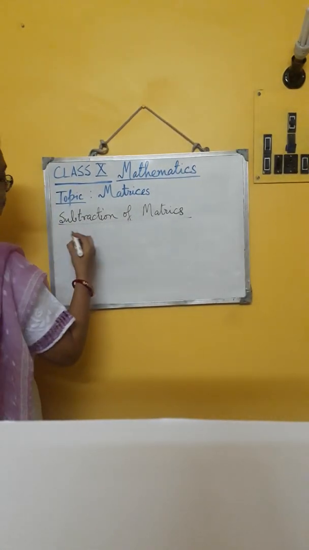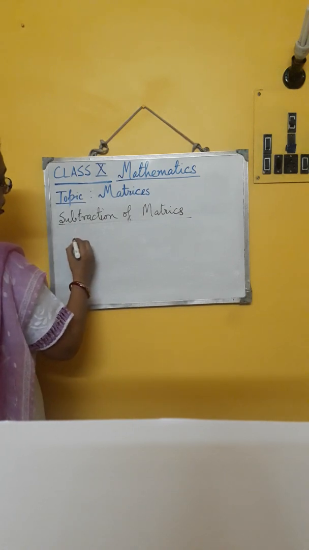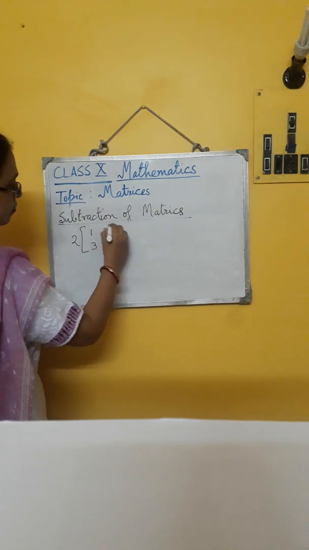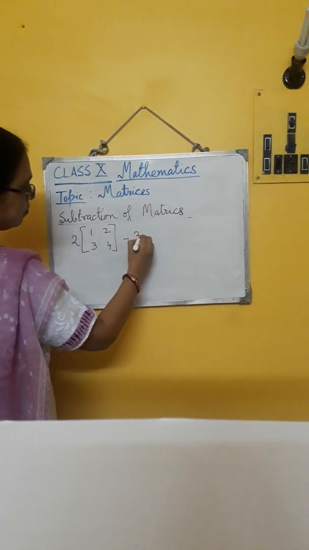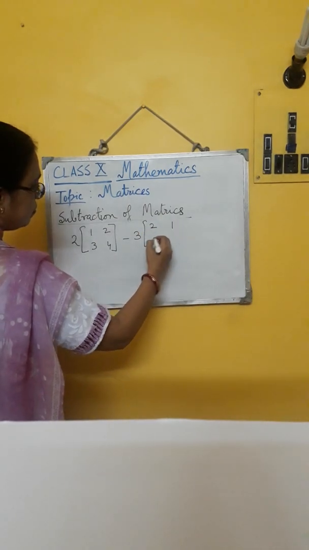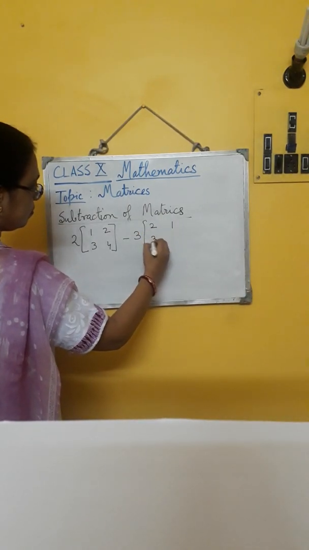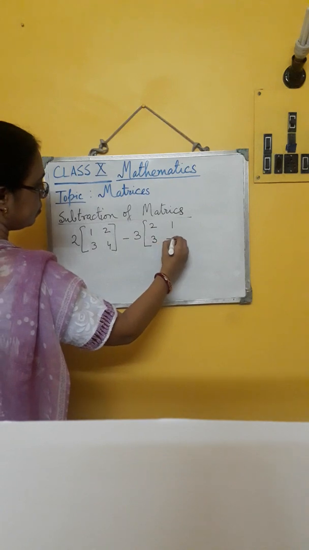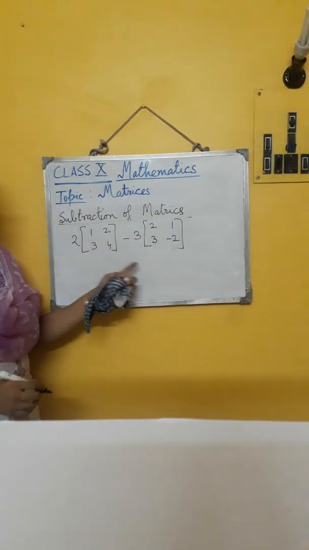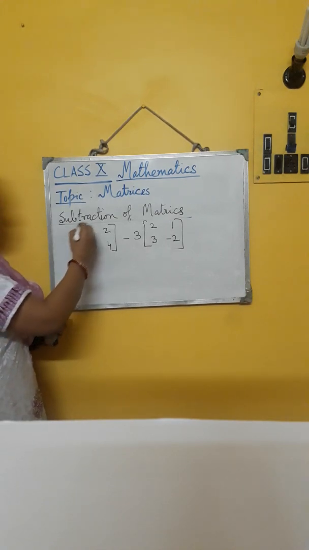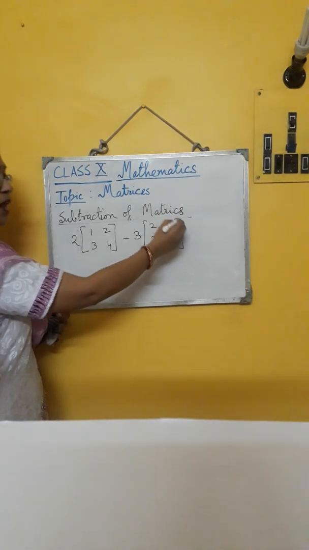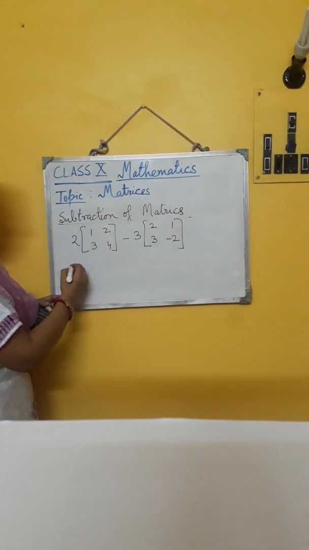Suppose we have subtraction of matrices like this. This 2 is multiplied with all the elements of this matrix and 3 is multiplied with all the elements of the other matrix.